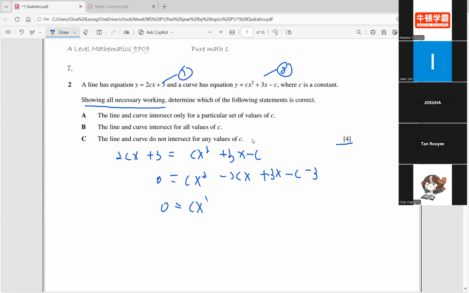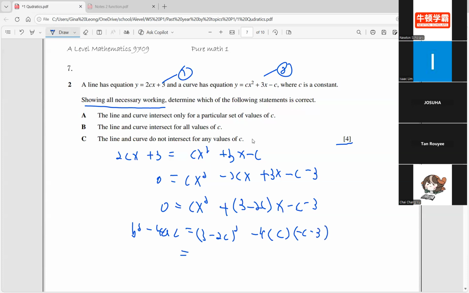So I get cx squared, and I change things around. Then after that, we use b squared minus 4ac to check the value. So b squared is 3 minus 2c squared, minus 4c times c minus 3.